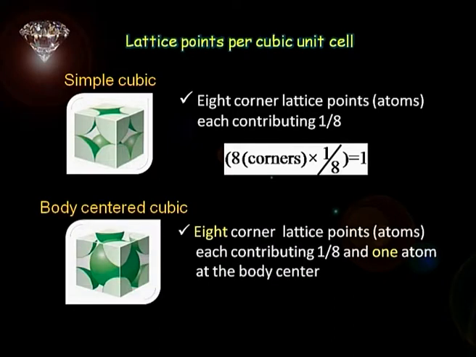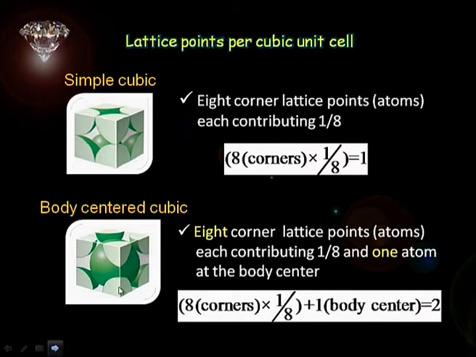If you look into the body centered cubic, in this case there are 8 corner lattice points, each contributing 1/8, and there is 1 atom at the body center. So, that gives 8 corners into 1/8 plus 1, that makes it 2. That means, the total number of lattice points per body centered cubic unit cell is 2.